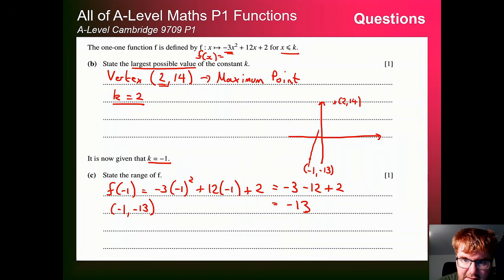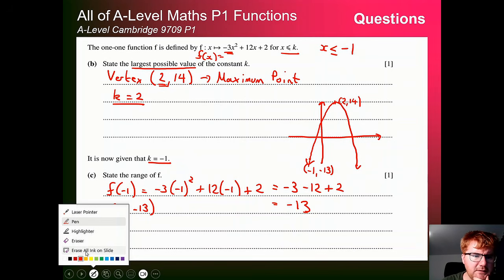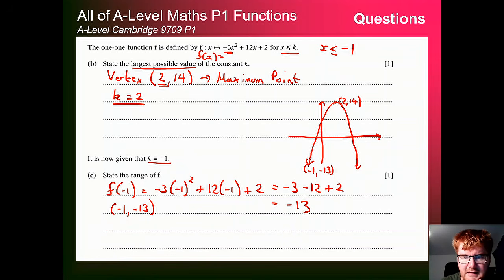Again, this is not to scale by any means, but it's just to give us an idea of what's going on with the function. And what they're considering here is state the range of f. So we've got x is less than or equal to minus 1. So if we take this point here, we essentially want everything less than that.